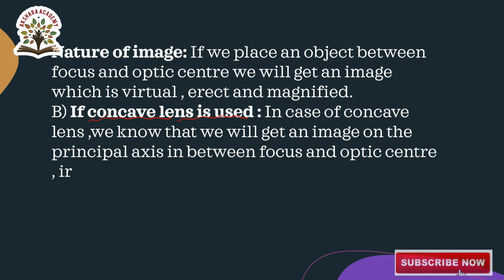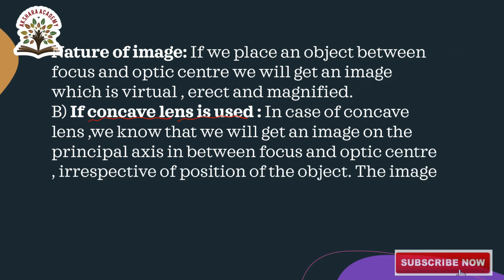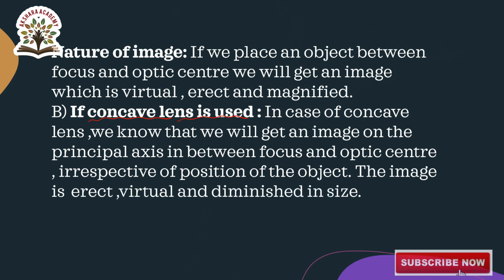In the case of a concave lens, we know that we will get an image on the same side, between focus and optic center, irrespective of the position of the object. So the image is erect, virtual and diminished in size. A concave lens always forms a virtual image.